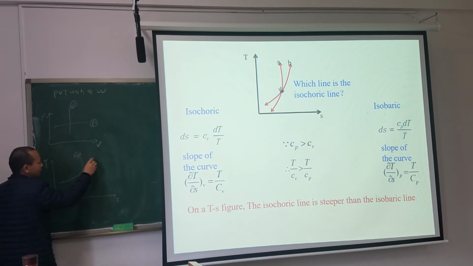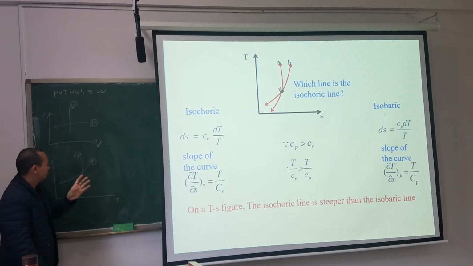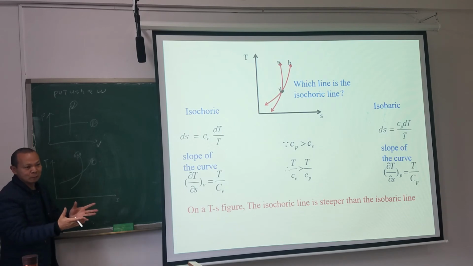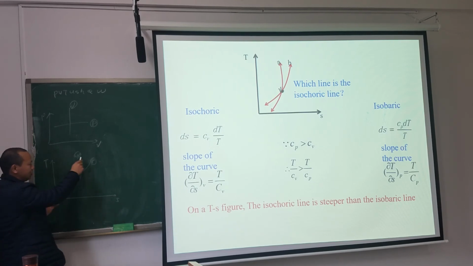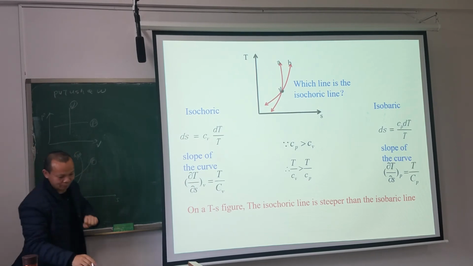So this is V, and this is P. Fantastic. For you to draw this figure is quite simple, but it is a little harder for us to remember which one is deeper. So now, from this figure we know V is deeper, so this line is the constant volume line. I think it is kind of simple for you now.